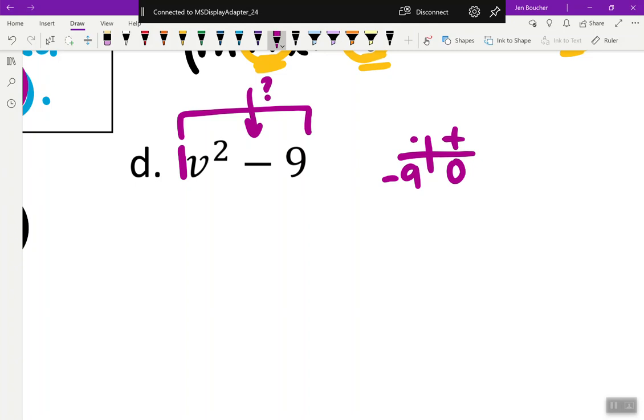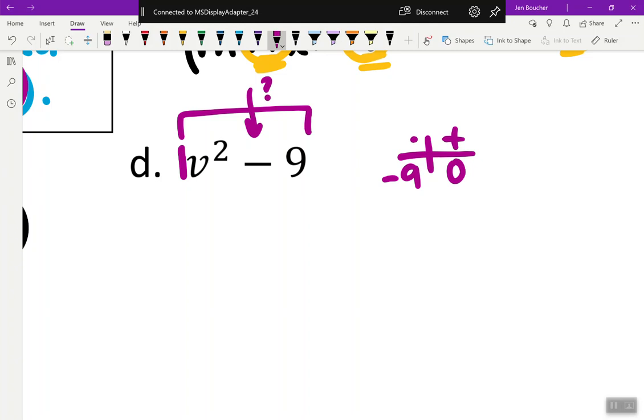we would treat that a little bit different. This one, the middle term's missing. What multiplies to -9 and adds to 0? -9 and 9 doesn't quite multiply to -9. -9 and 0 does not multiply. -3 and +3. If you multiply -3, +3, what do you get? -9, add them, you get 0.